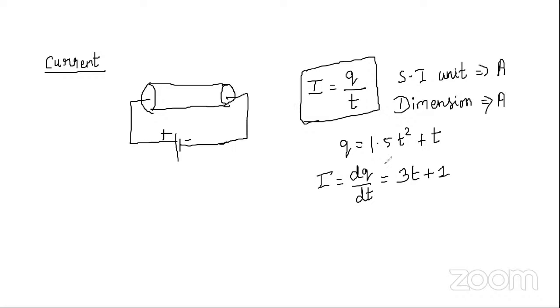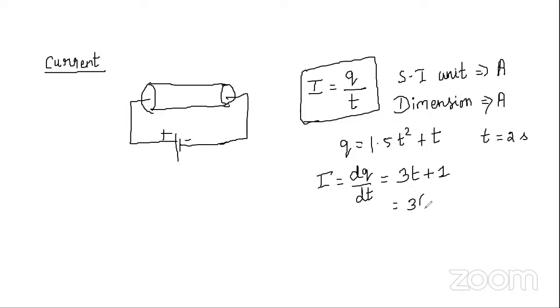In these kinds of questions, they will also give you the value of time. Here they have given charge as a function of time, and they are asking you to calculate the electric current at t equal to 2 seconds. You have the equation for current.